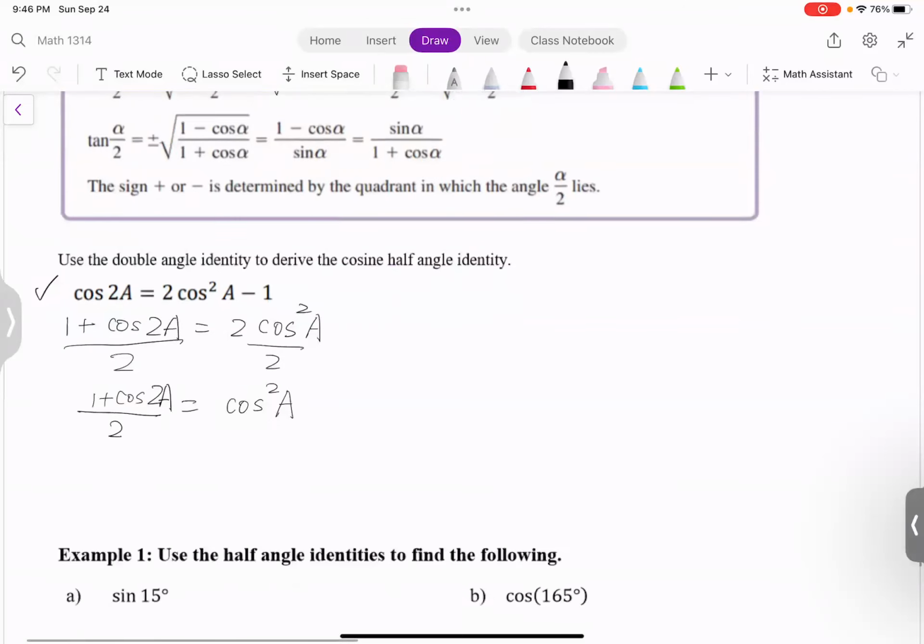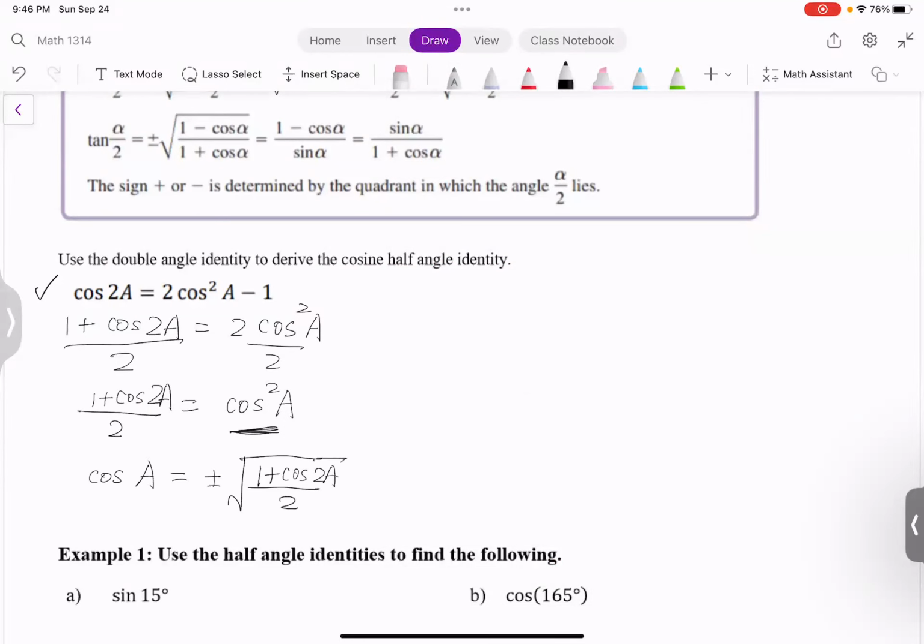If I square root both sides, if I square root an unknown or a variable, I need to have a positive or negative solution. So I move cosine A to the left-hand side. Cosine A, isolated, is positive or negative square root of (1 plus cosine 2A) all over 2.